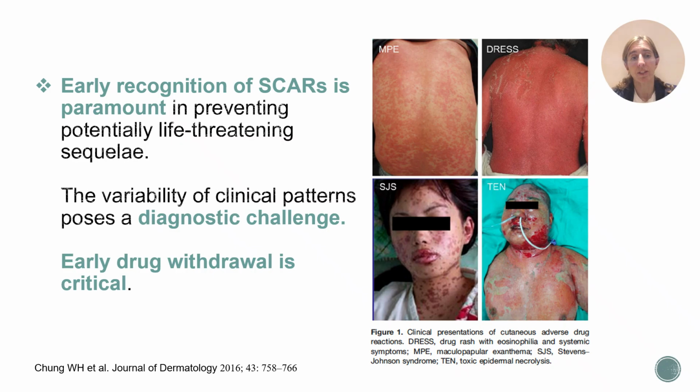Which is very important in terms of SCARs is that early recognition of SCARs is paramount in preventing potentially life-threatening sequelae, and the variability of the clinical patterns still poses a significant diagnostic challenge in many cases.